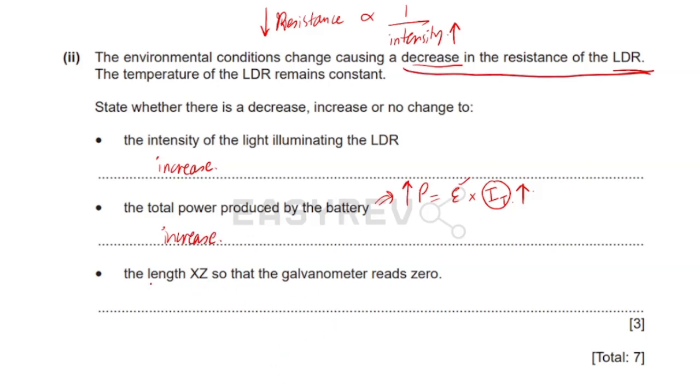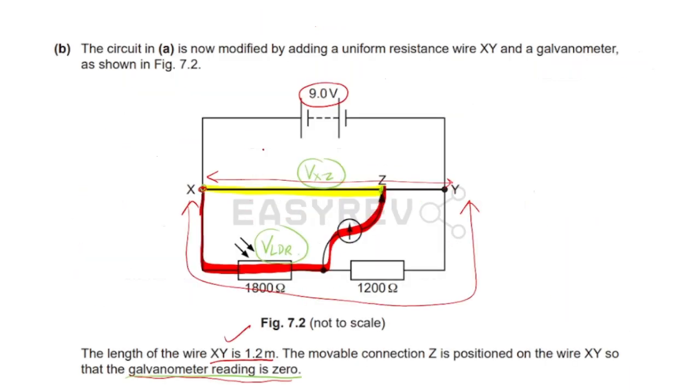Now finally, the last part, the length xz so that the galvanometer reading reads 0. We've already established that the only situation where the galvanometer reads 0 is when Vxz equals VLDR. We've also mentioned that the resistance of the LDR is decreasing, which would definitely cause the potential difference across the LDR to decrease as well, which would automatically mean Vxz has to decrease as well.